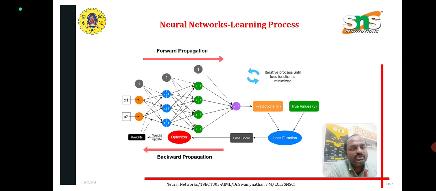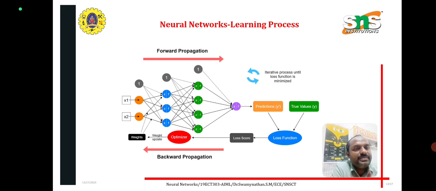So here, in the neural network learning process, we are using forward propagation and backward propagation. Forward means from input to output, backward means from output to input, making the loop. Look at these functions. First we give the input node, colored orange, and blue is the hidden layer, and the output is the green layer, forming the activation functions, that is the predictions and the actual true value.